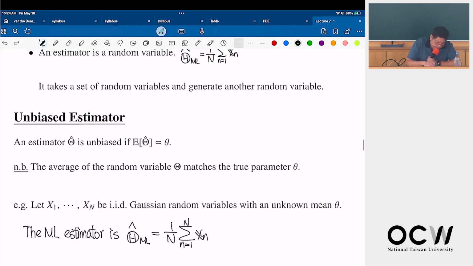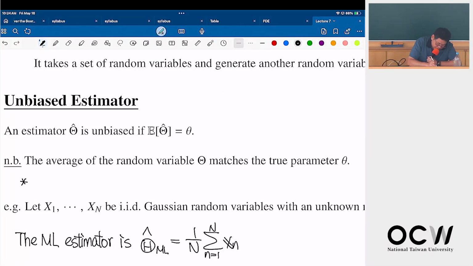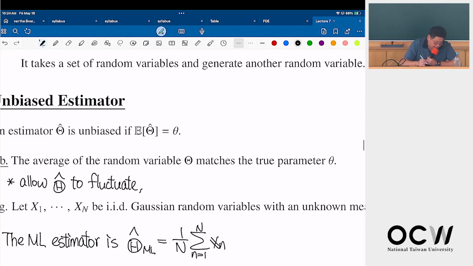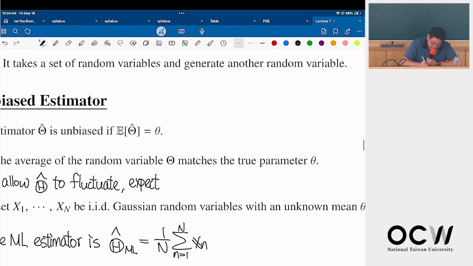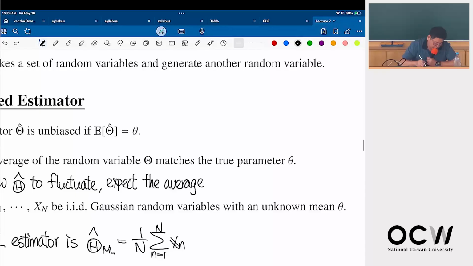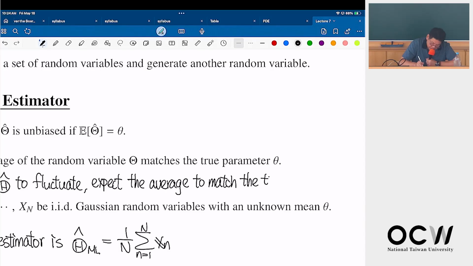That means that we allowed this random variable to fluctuate, and then we expect the average will match the true parameter theta.